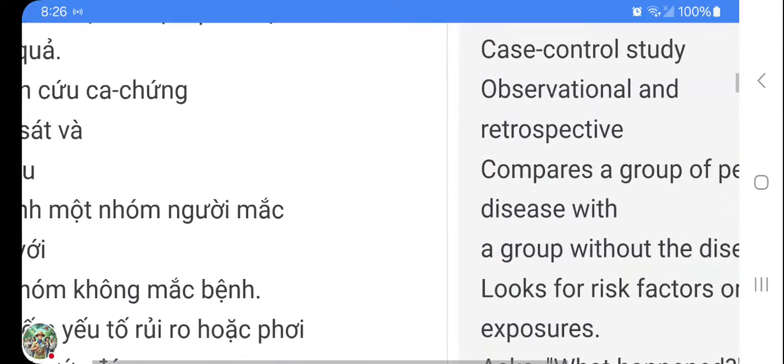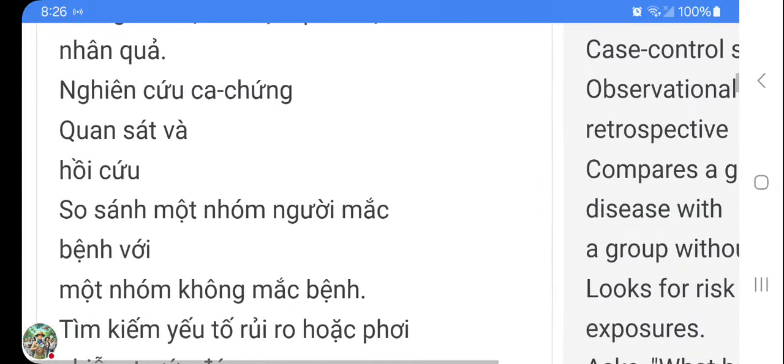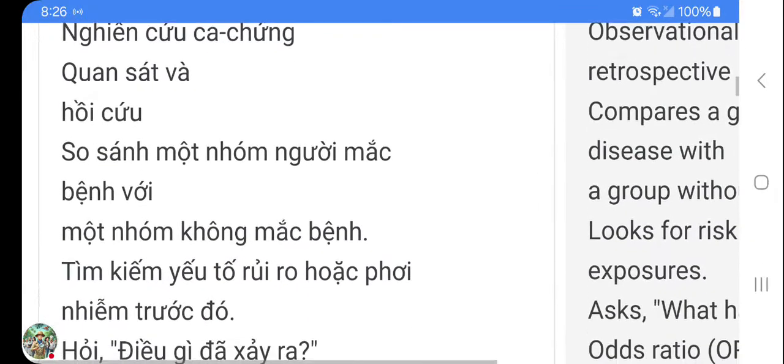So we compare groups of people with disease and without disease. We have two groups of people. One group has a disease A or B or C, something like that, and the other group is without disease A, B, C.